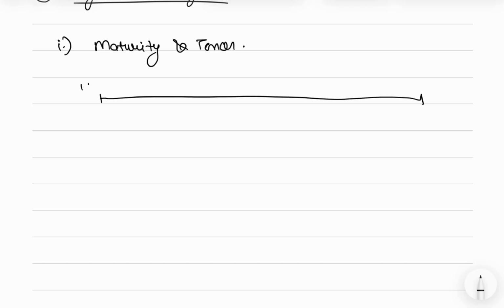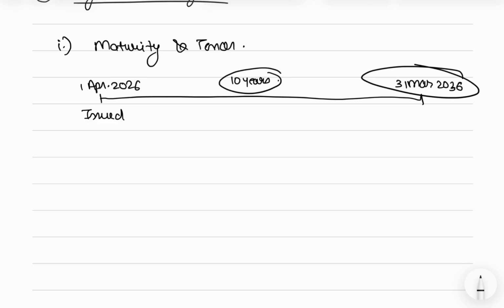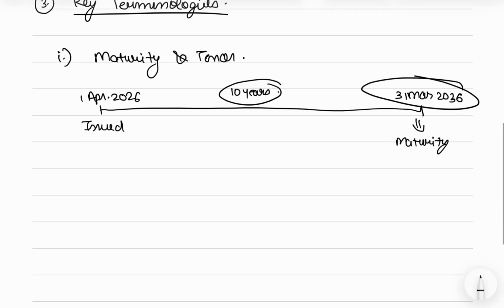On 1st of April 2026, a bond is issued till 31st of March 2036, let's say. So it is of 10 years. Now what do this 10 years and this 31st March 2036 imply? This 31st March 2036 is nothing but the maturity of the bond, and the 10 years is the tenure of the bond.